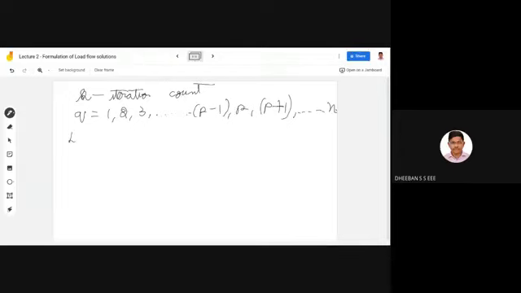For example, let the iteration count k equal 0.